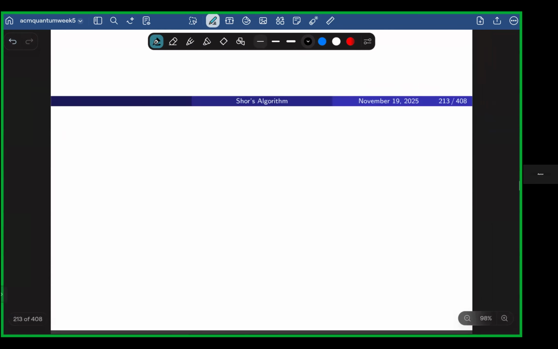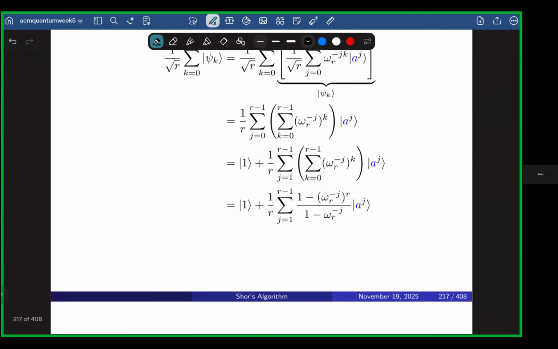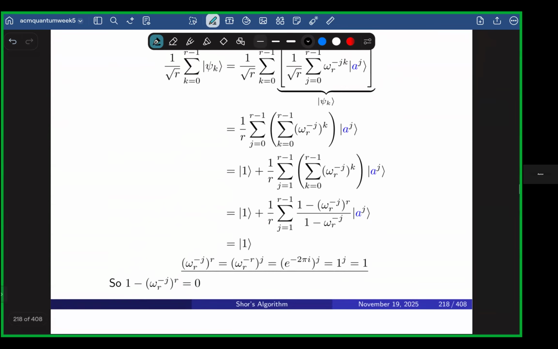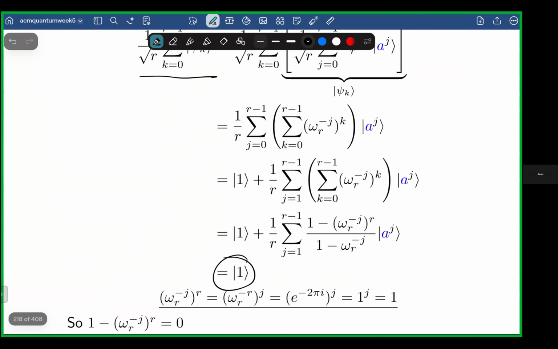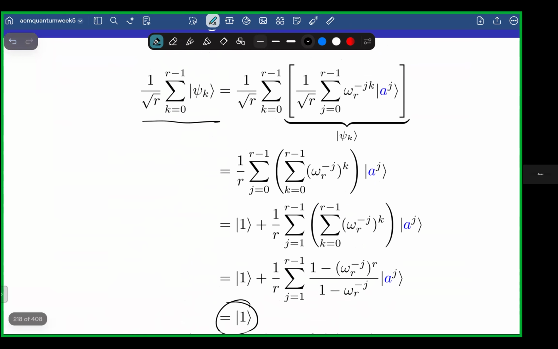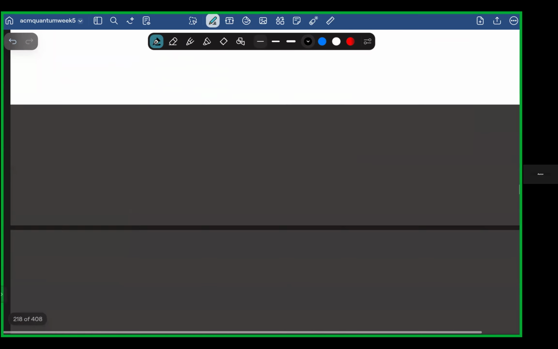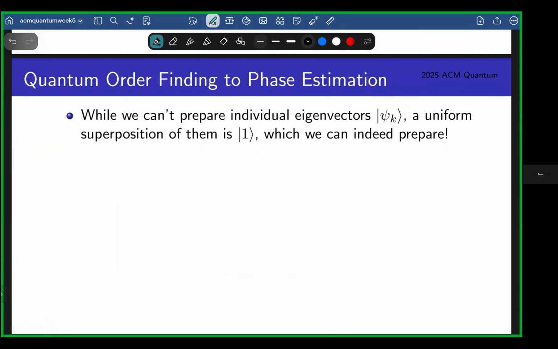I'm going to skip this, but if you do some algebra on that and use a geometric series, you will find that the uniform sum of all eigenvectors is just the one state. While we can't prepare individual psi k's, we can definitely prepare this one state, right? That's what I'll discuss next. So we can't prepare individual eigenvectors psi k, but a uniform superposition of them is the one state, which we can indeed prepare.